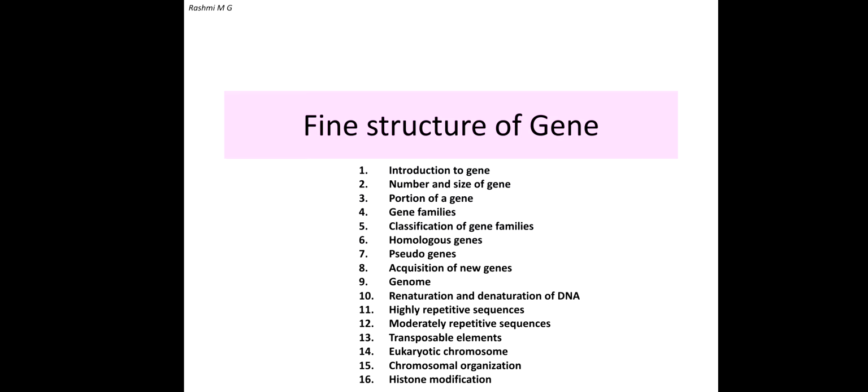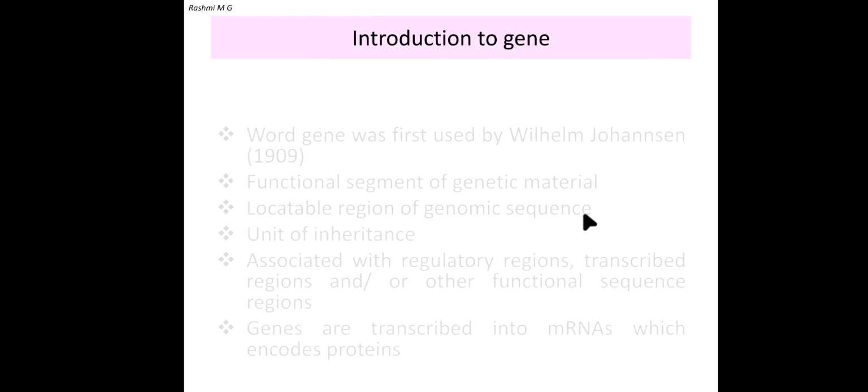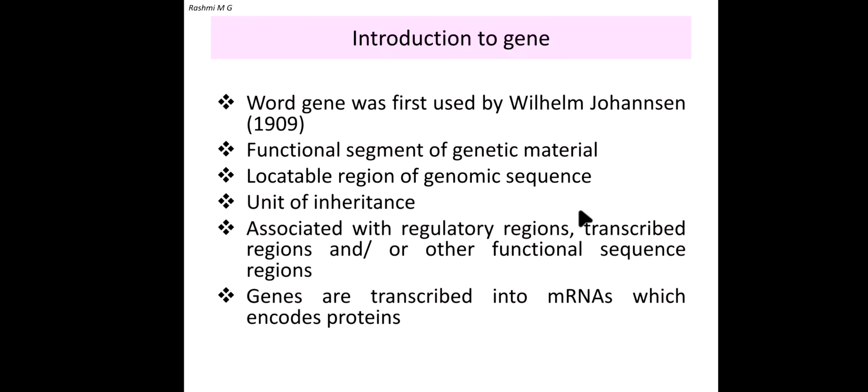In our previous class, we had started our discussion on fine structure of gene, which is a new concept. And in this module, we'll be learning about different aspects. So in our previous class, we had started by genes, which was the word coined by Wilhelm Johansen.